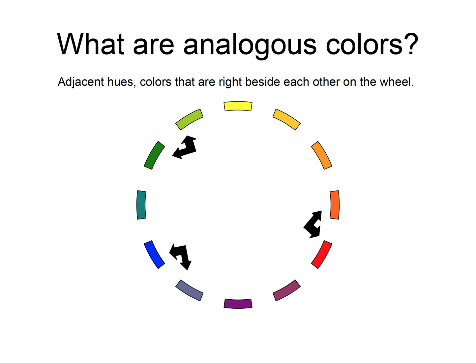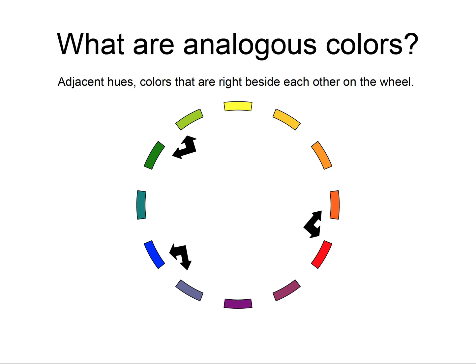So if you think about blue, blue-green, and green, they all three share the common parent, blue. So if you use them together, they're going to very, very closely relate and they'll speak to each other in a way that colors that are opposite to each other will not.